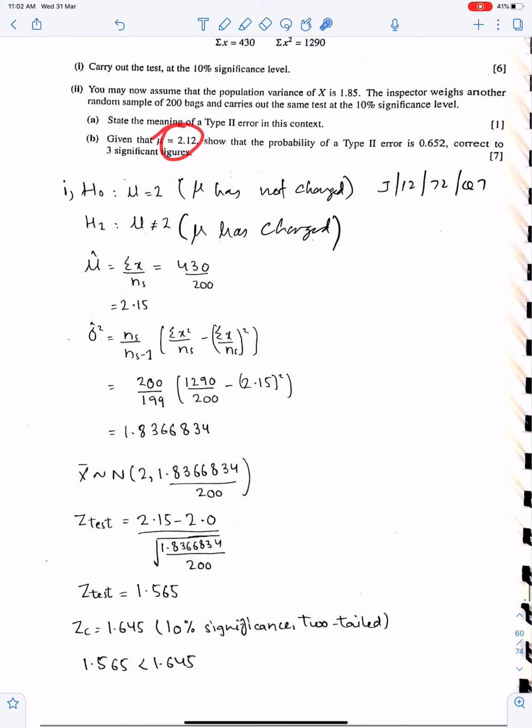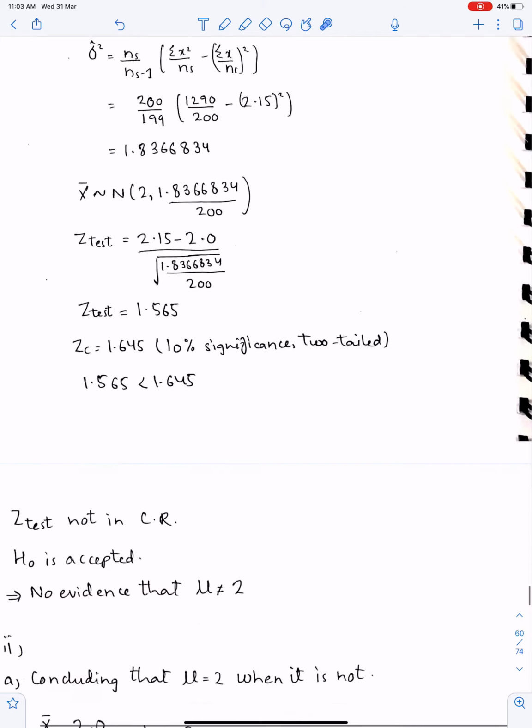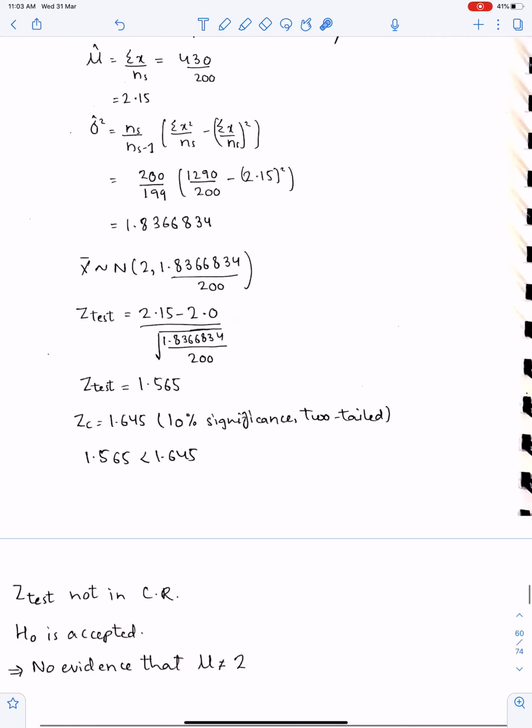2.12, type 2 error. Show that the probability... This is the two-tail test. A very lengthy question, because first we need to find the critical region, and the critical region in both the parts.